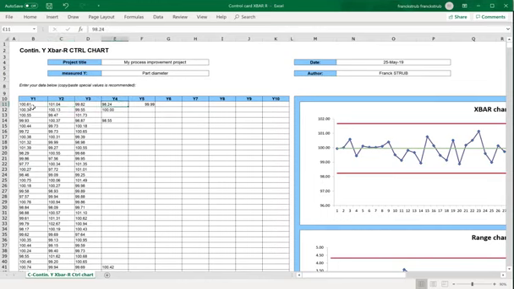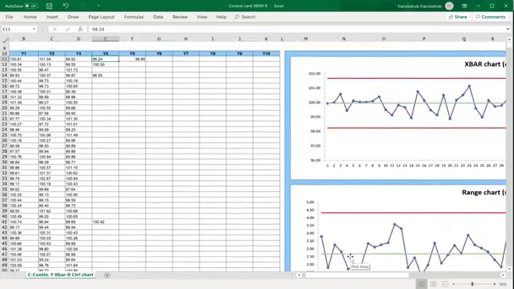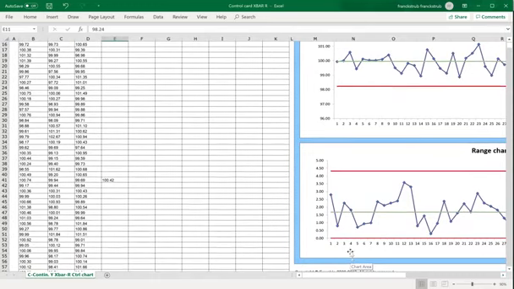So the range of this first set of data is the maximum value of the data set minus the minimum value. It's called a range. A range is always positive, of course, and this is why we limit this control limit to 0. So each point here is a range.